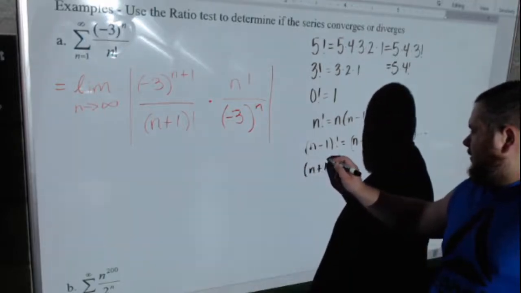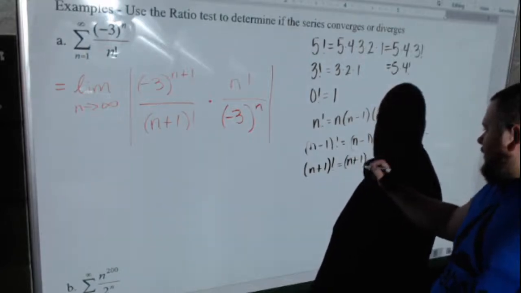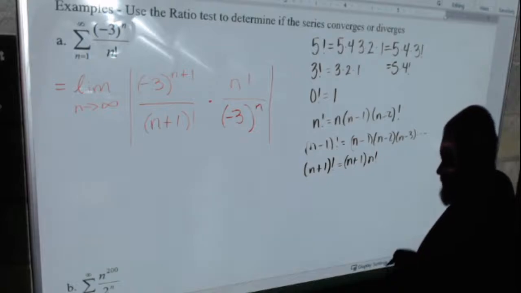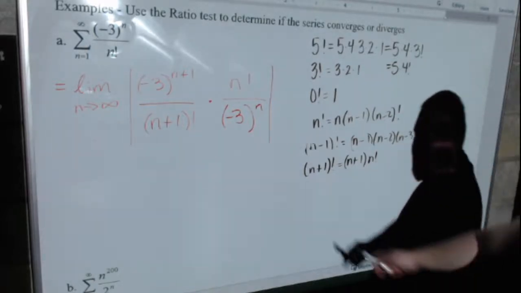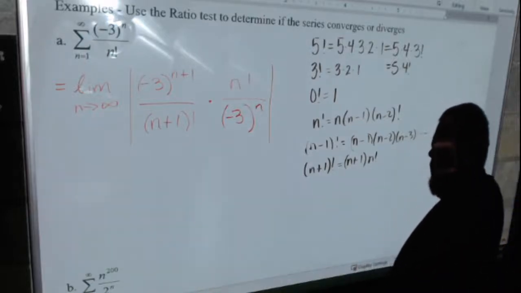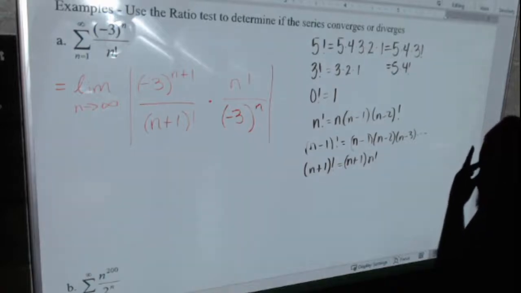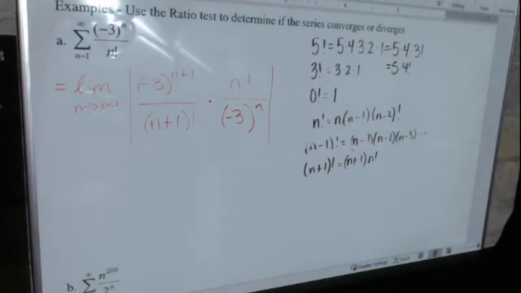And if we had something like n plus 1, well, that would be n plus 1 times n factorial, because we always take away 1 from the inside. So any questions about factorials before I continue? All right.